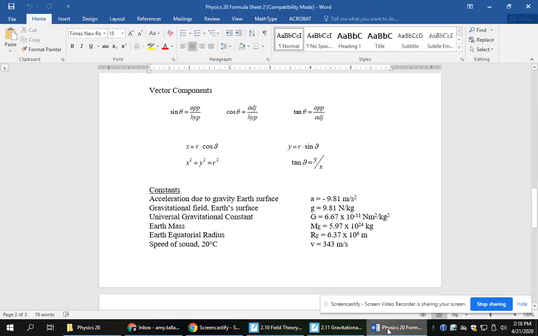So you can see here's the second page of the formula sheet at the bottom where you find all of your constants. We have given you a and g as 9.81 and negative 9.81, and we have given you the two different units. So just thinking about acceleration due to gravity in a different way as gravitational field strength.